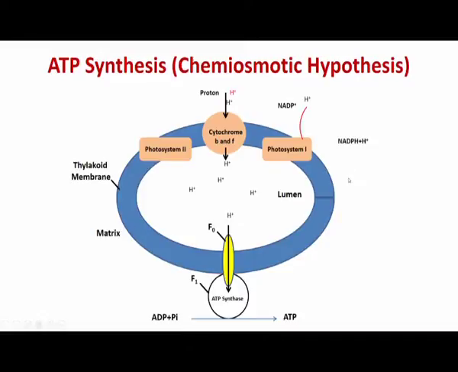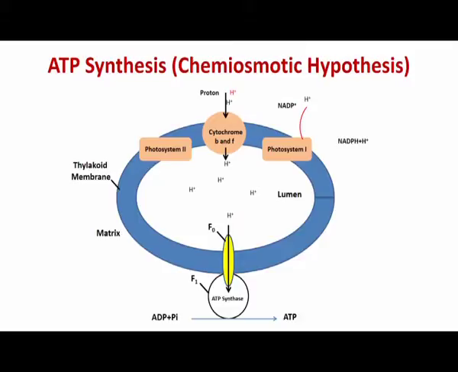Photosystem 1 takes the sunlight and extrudes the electron from the photocenter, and that electron goes through different electron donors and acceptors, and ultimately it goes to the ferredoxin, and ferredoxins are the iron sulfur molecules.